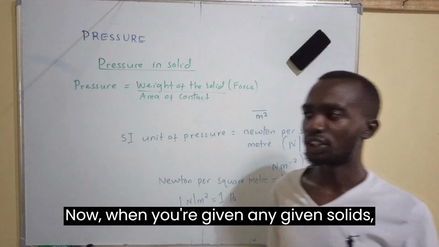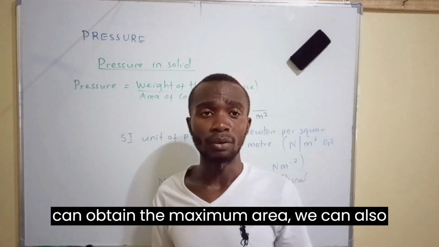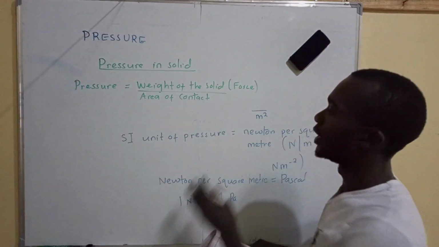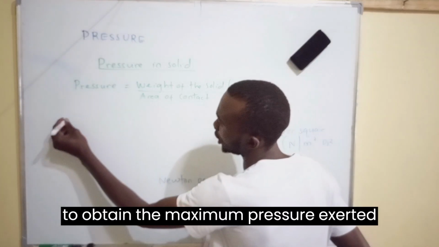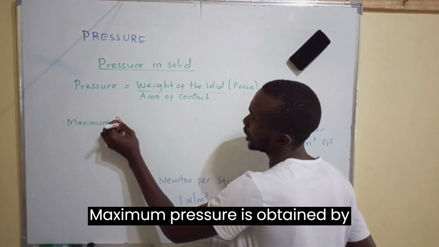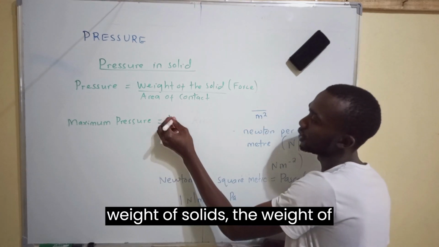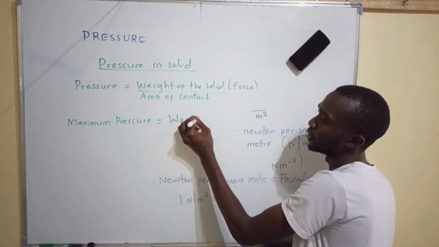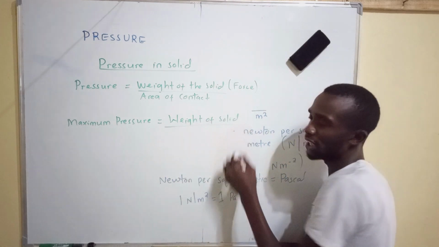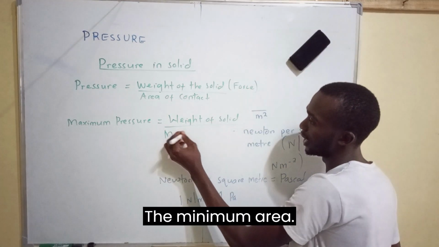Now, for any given solid, we can obtain the maximum area, the minimum area, and also a medium area. To obtain the maximum pressure exerted by a solid, the maximum pressure is the force of the solid, that is the weight of the solid, over the minimum area.